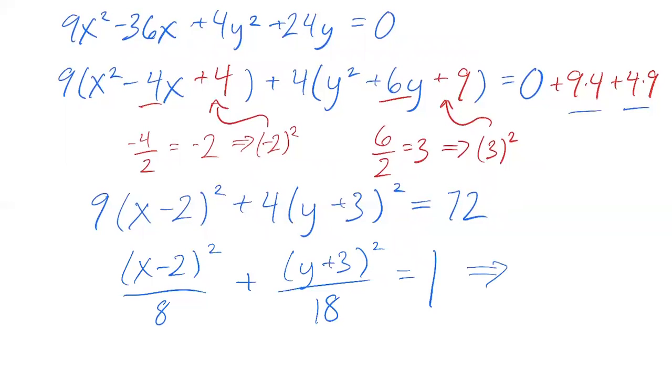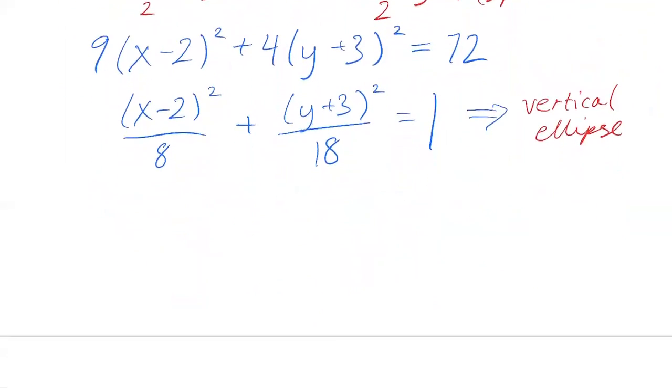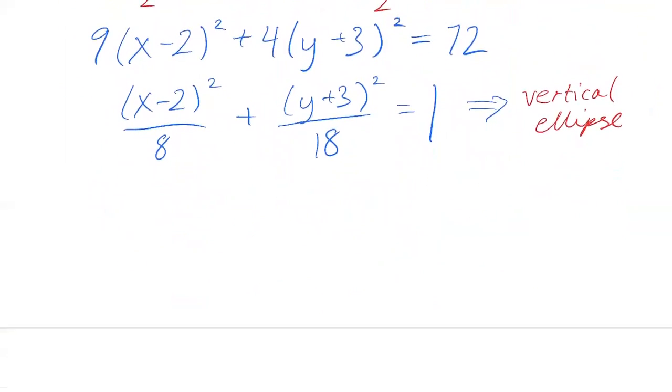We are staring at, if we consider the plus sign in the middle and then look at the fact that the largest term is underneath y, a vertically oriented ellipse. Okay, and we can start picking apart the different pieces thereof.